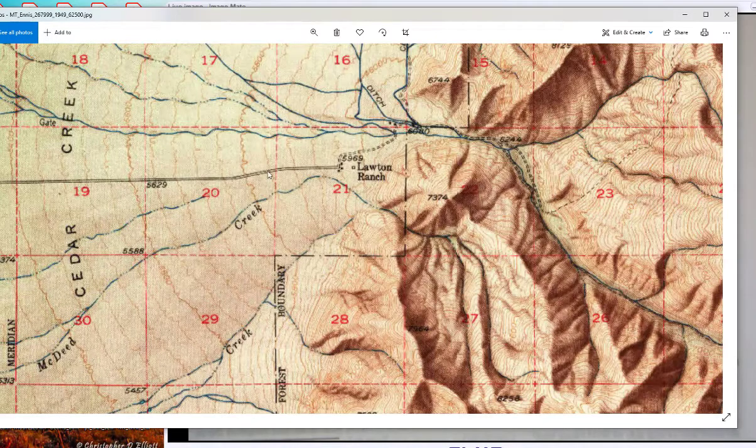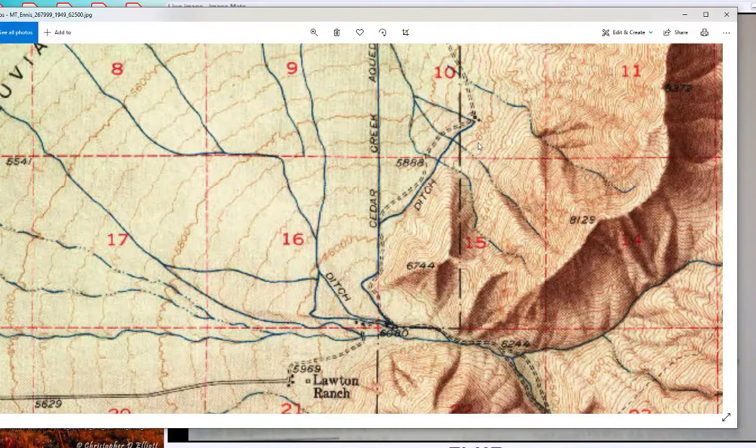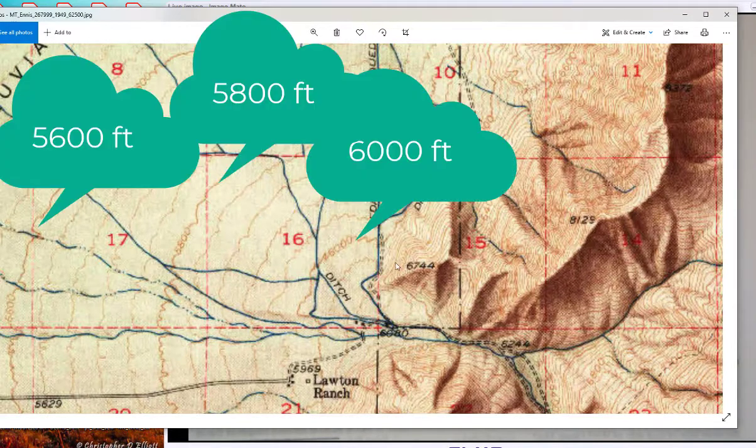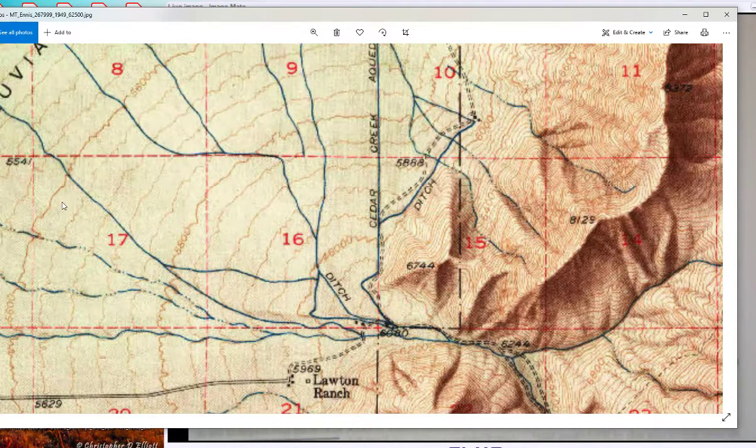You can see this one says 6,000 near Lawton Ranch, then 5,800, then 5,600. And remember, it's every 40 feet.